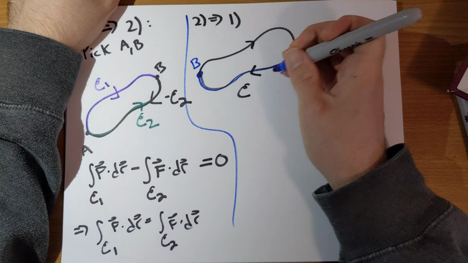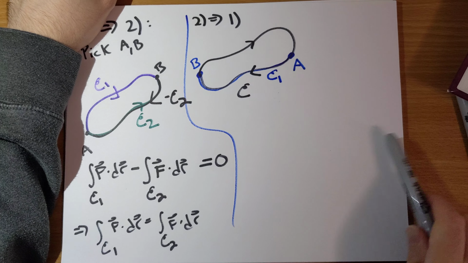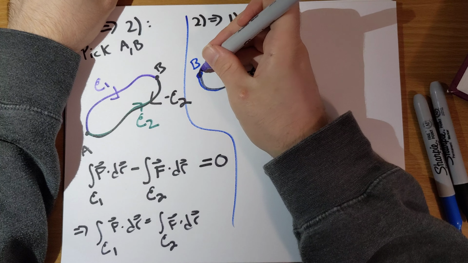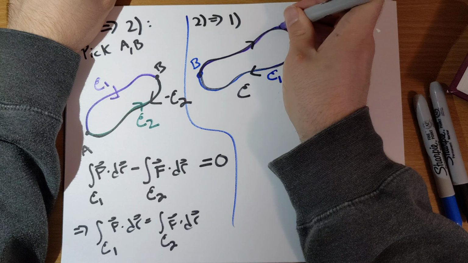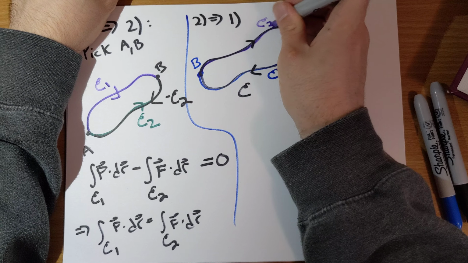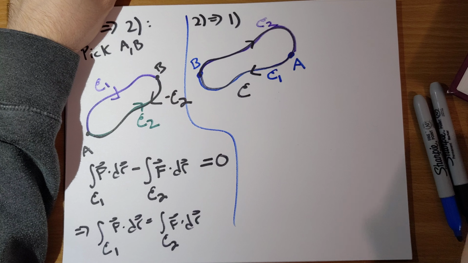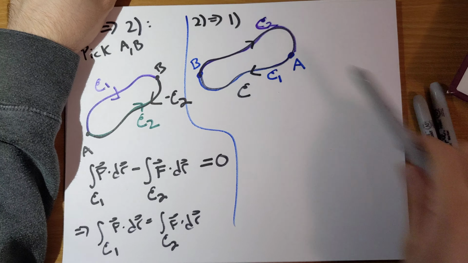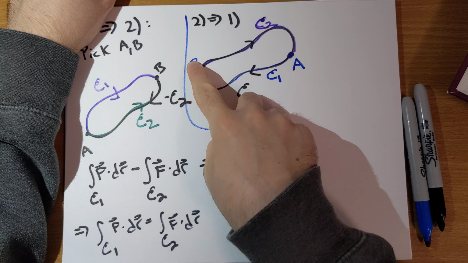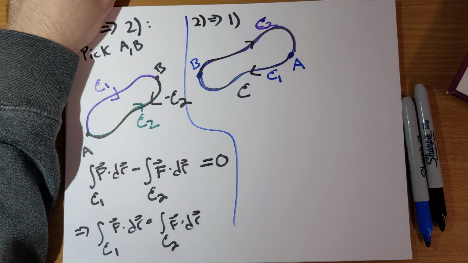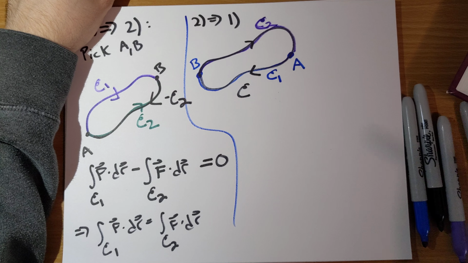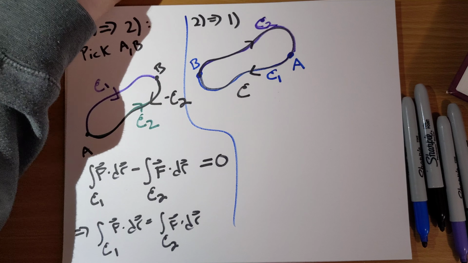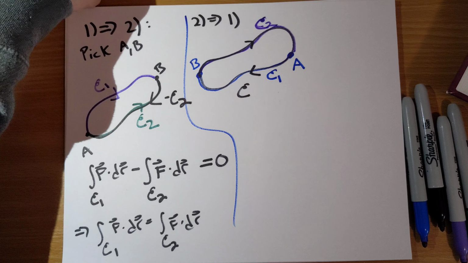Let's say that this chunk right here is C1, and that chunk there is C2. So now C is equal to C1 union C2. Well, we want to have 2 different paths going from A to B.